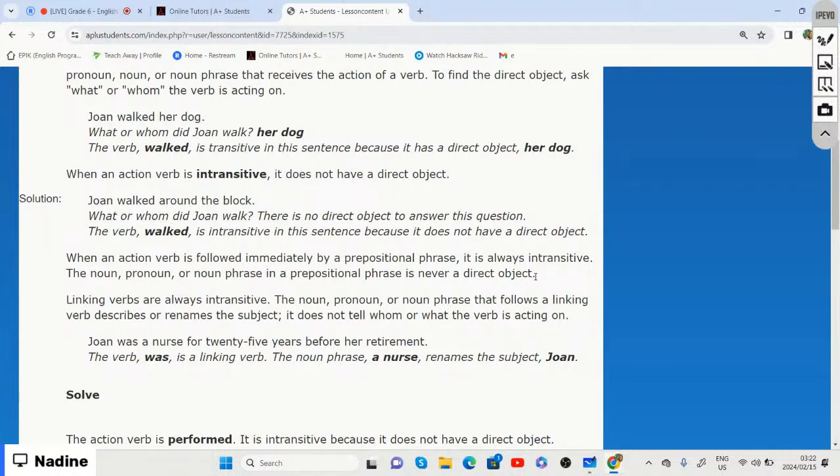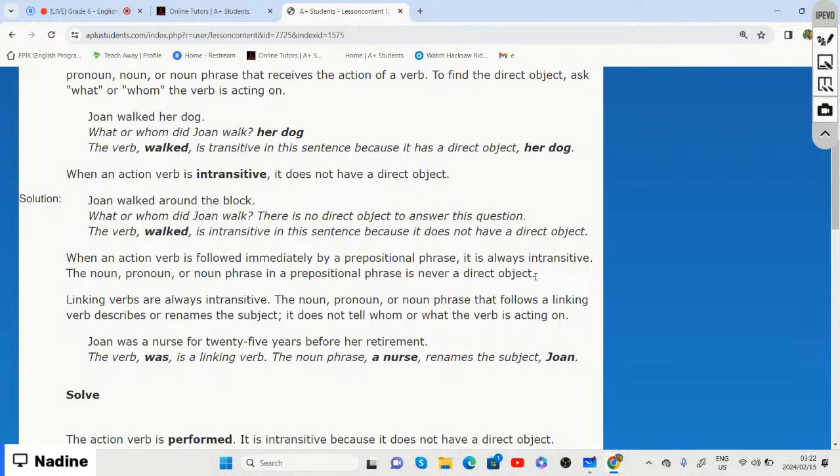Linking verbs are always intransitive. So the noun, the pronoun, or the noun phrase that follows a linking verb describes or renames the subject. It does not tell you whom or what the verb is acting on.